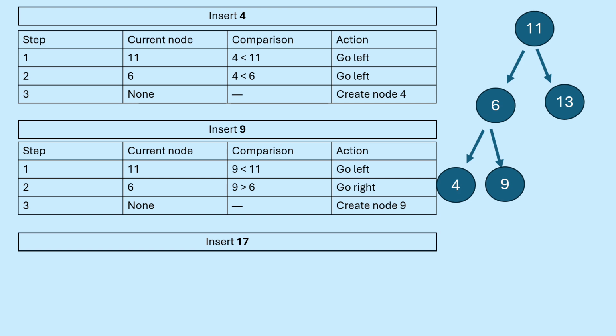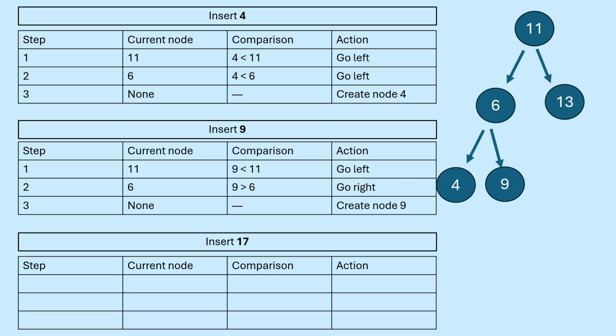Let's look at inserting 17. So first we need to check. Well, 17 is bigger than 11, so we need to go to the right. Well, we need to now look at the right. Well, the right side of 11 is 13. We need to compare. Well, 17 is bigger than 13, so we need to go to the right.